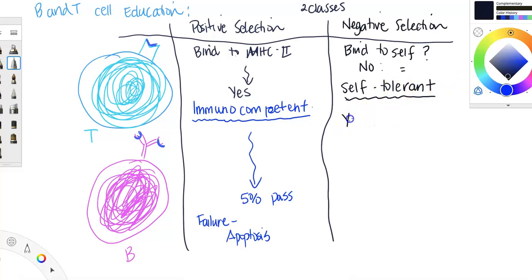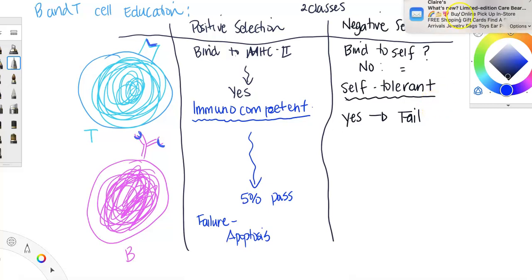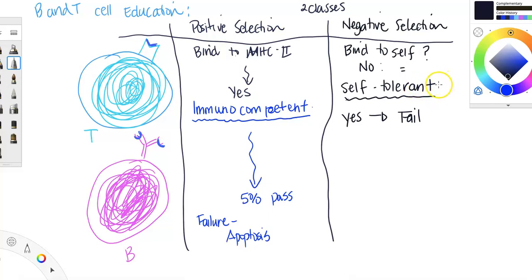If it's a yes, they do bind to self, that is a fail, because binding to self basically means it's going to bind to healthy self cells and cause damage there. So like an autoimmune disease type of thing. So it cannot do that. So if it is a yes, it is a fail. And again, only about 5% pass.